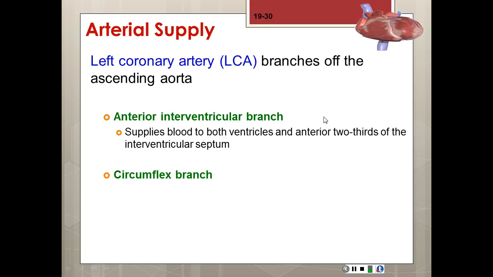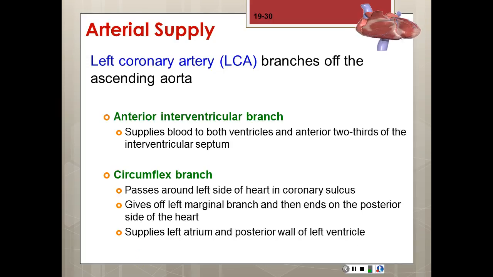The anterior interventricular branch, also called the left anterior descending branch, travels down the anterior interventricular sulcus to the apex, rounds the bend, and then travels a short distance up the posterior side of the heart, where it joins the posterior interventricular branch.